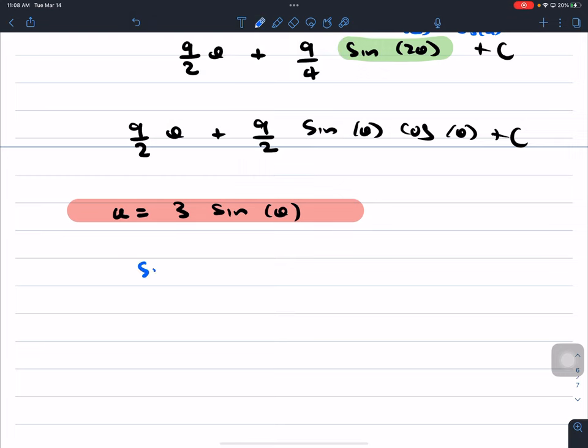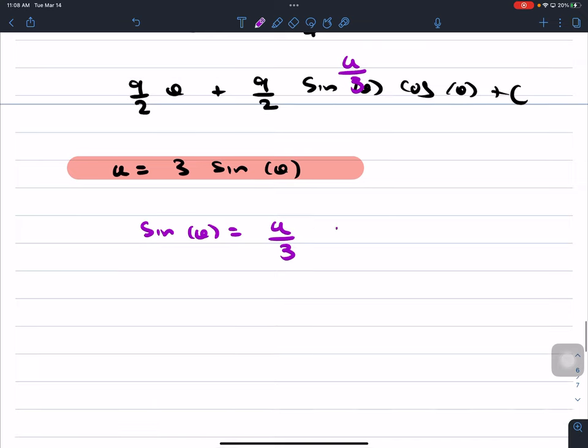This means that sine theta is u over 3. And theta is inverse sine of u over 3.